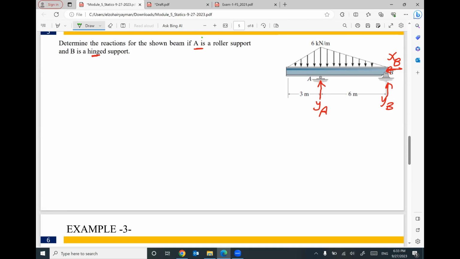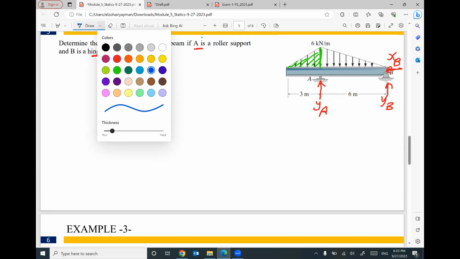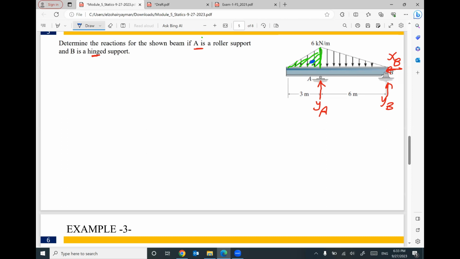As I mentioned, because the triangle is not symmetric, I will divide it into two parts. This part has a centroid at this location, 1/3, 2/3. 1/3 means 1 meter, and this distance will be 2 meters. 1/3 of 3 and 2/3 of 3.